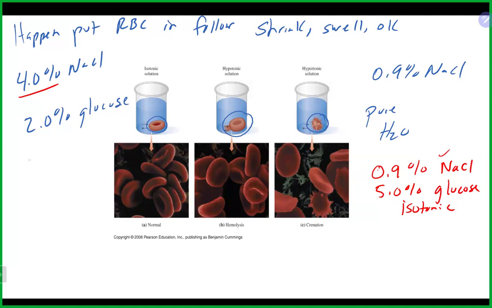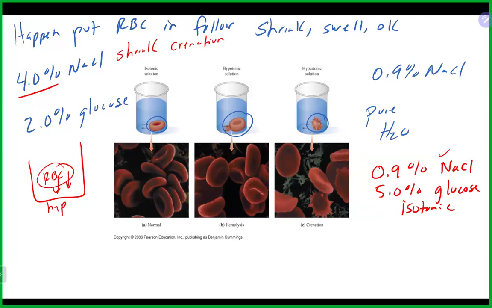So in this case, our red blood cell is in a hypertonic solution, so outside is more concentrated than inside. So everything's going to rush out and it's going to shrink, right? And that is going to go through crenation in this case. Any question on that one?